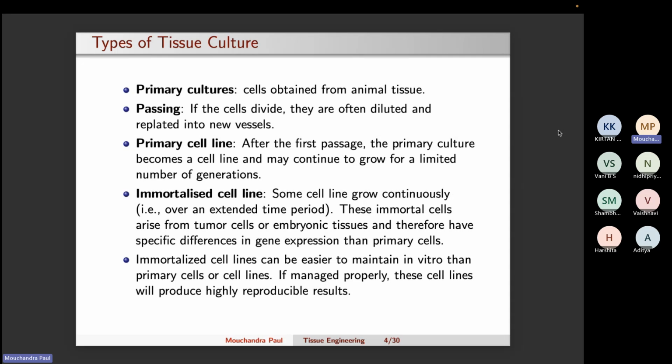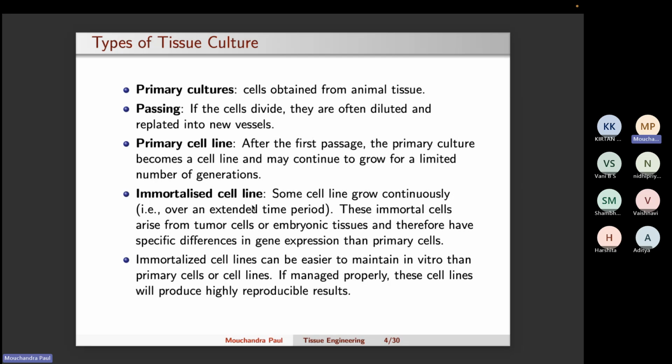But the limitation with a primary cell line is that it will only grow for a limited number of generations. If you add some modifications to these cells, like through a virus, some transformation, then the cell becomes immortal, meaning it will grow continuously over a long period of time, over a large number of passages. That is an immortalized cell line.